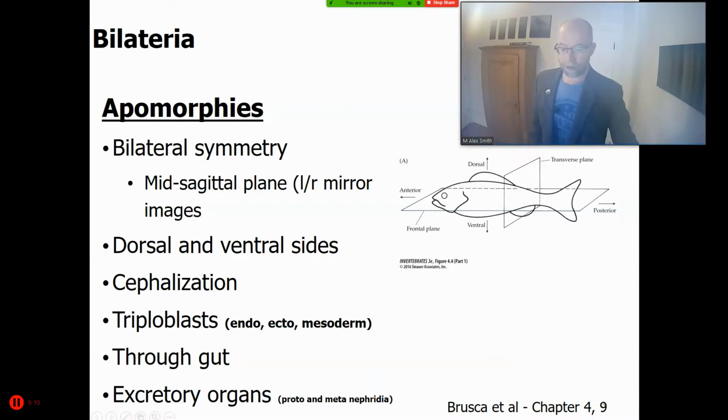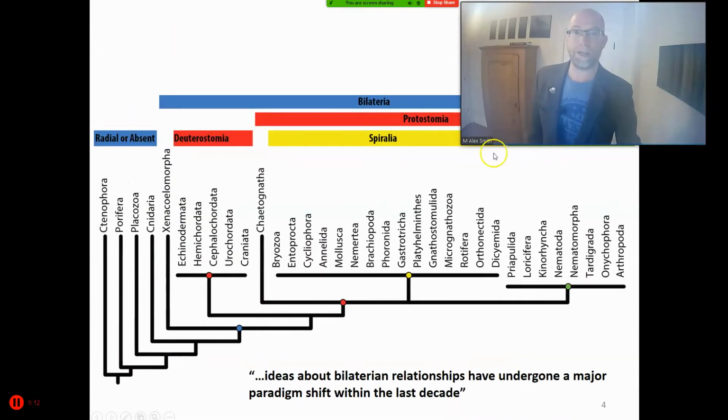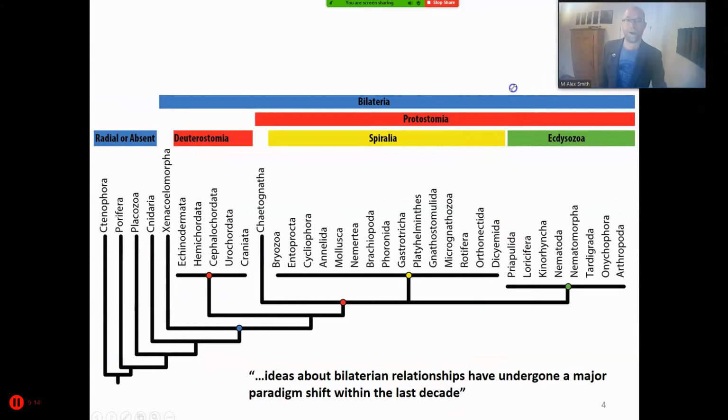Now remember, as you're thinking about the Dunn phylogeny, I'm going to encourage you to think about a simplified version here. And so we've been inside of these phyla so far, the ctenophores, the comb jellies, the sponges, the placozoans, the jellies and corals. And now we're in this large clade here, from this node up.